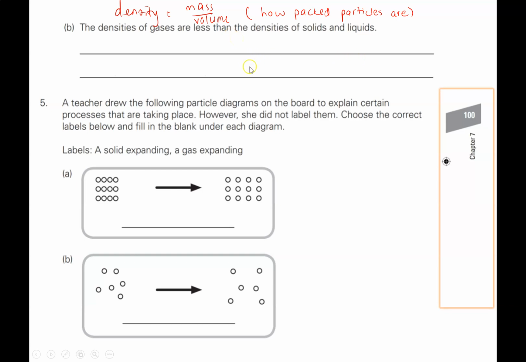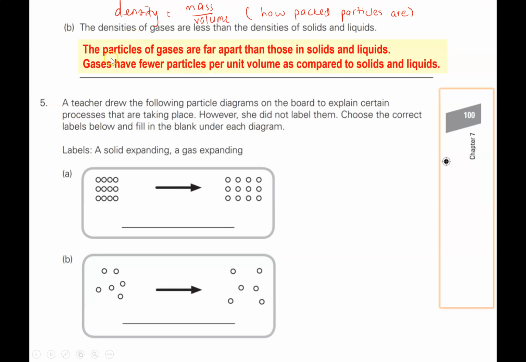So how do you explain that in terms of particles? The particles of gases are farther apart than those of solids and liquids. So gases have fewer particles per unit volume as compared to solids and liquids.